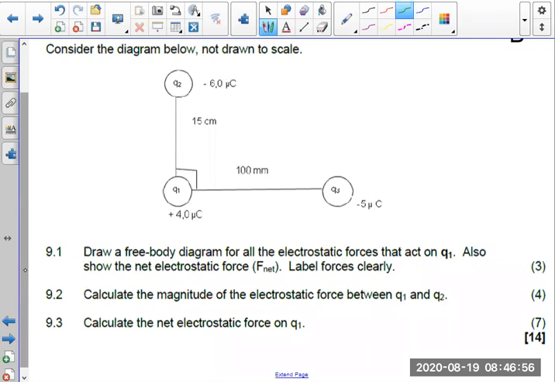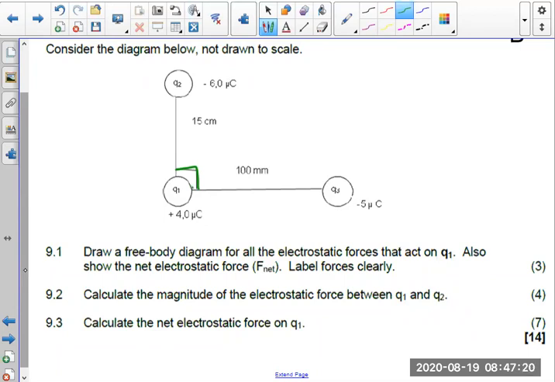And you will see that this will always be a 90-degree triangle. Okay. Now, the first thing that we must be able to do is to draw a free body diagram for all the electrostatic forces that act on Q1. Also show the net electrostatic force and label the forces clearly.